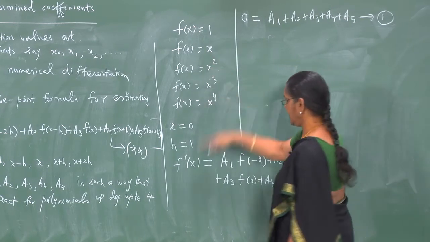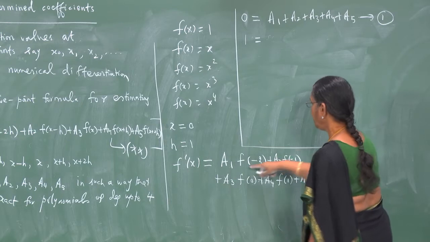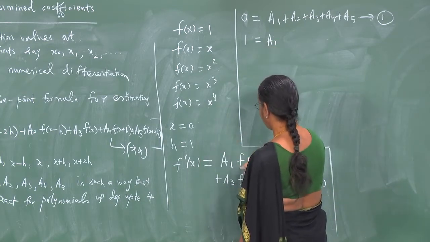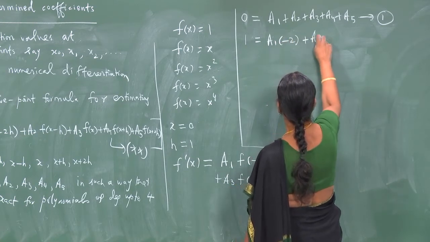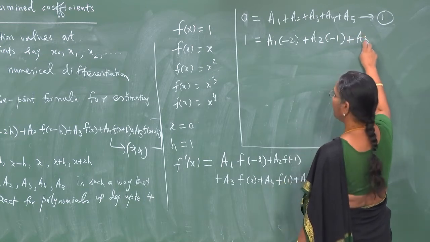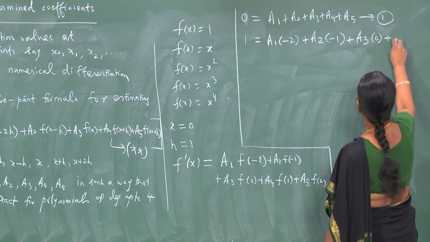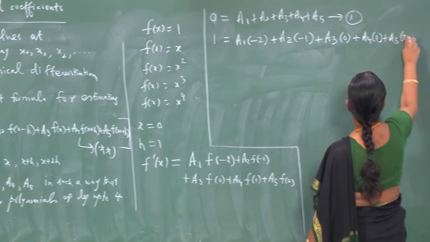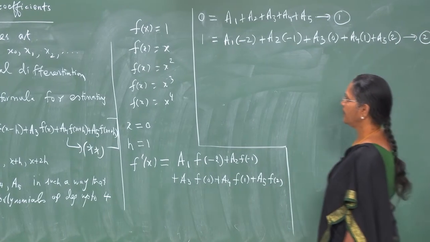When f of x is x, f prime x is 1, and that will give you a1 into f of minus 2, which will be minus 2, plus a2 into minus 1 plus a3 into 0 plus a4 into 1 plus a5 into 2. So, that gives you the second equation.